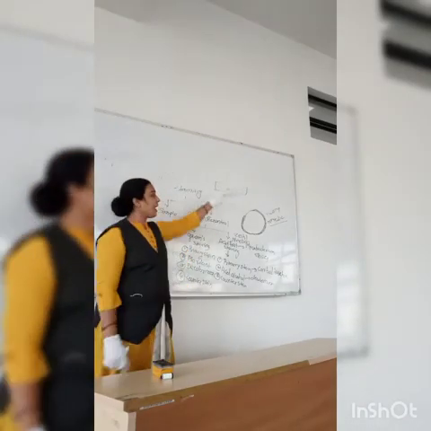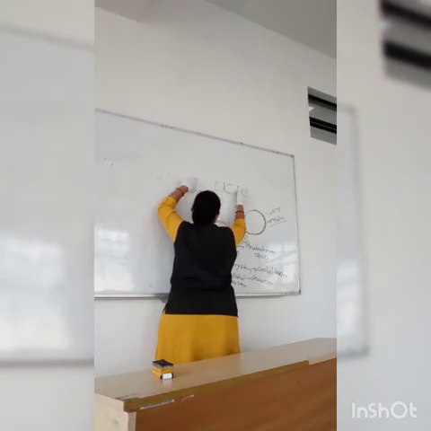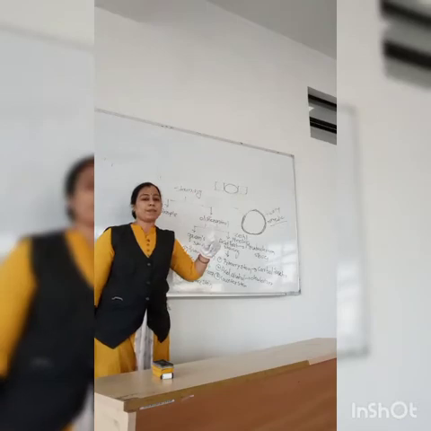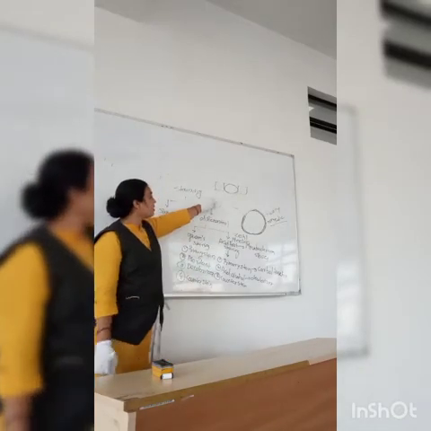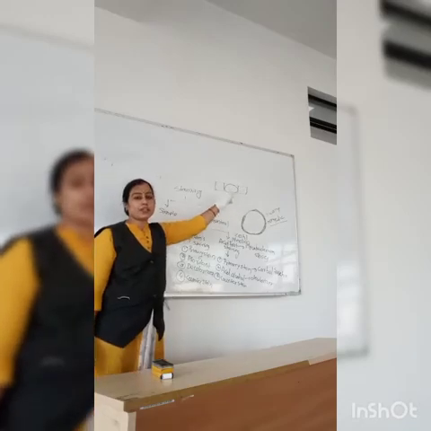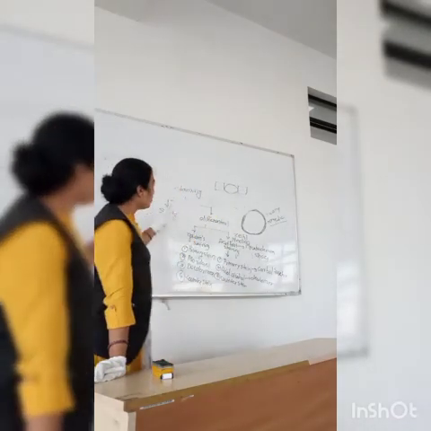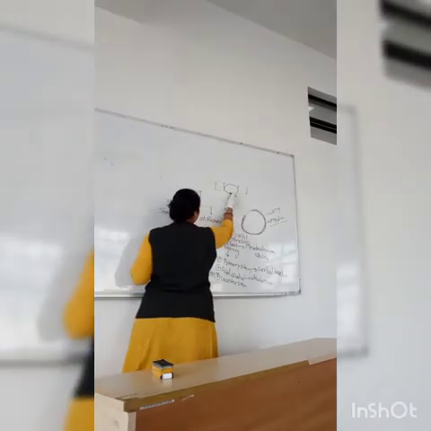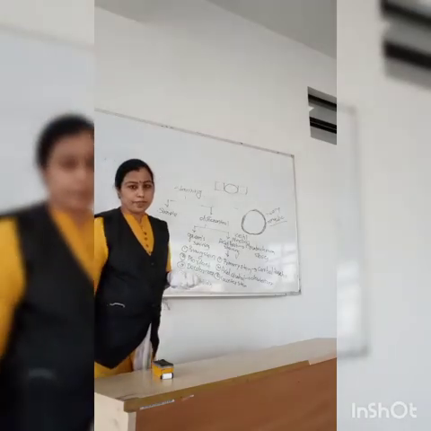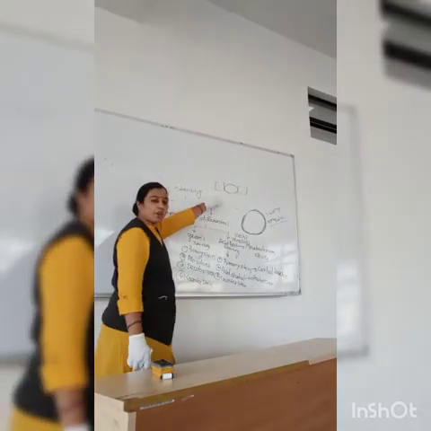Then take the slide and prepare the smear on the slide. A very thin smear you have to prepare here, and then we wait for it to dry. You have to heat fix it and wait for drying.